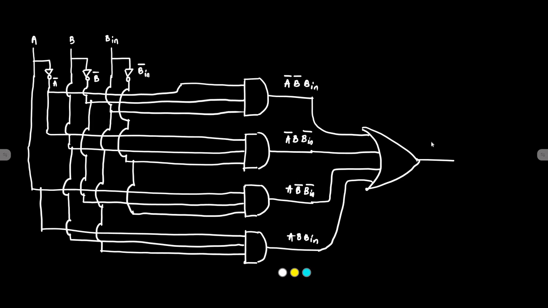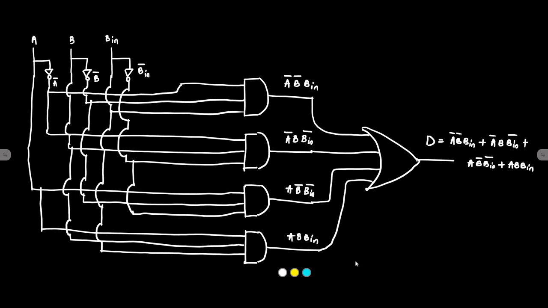So this gives us the difference, D, which is A bar, B bar, B in, or A bar, B, B in bar, or A, B bar, B in bar, or A, B, B in. This is the difference. So we have used 4 3 input AND gates and 1 4 input OR gate. Now for the other, it is the same as the previous case.